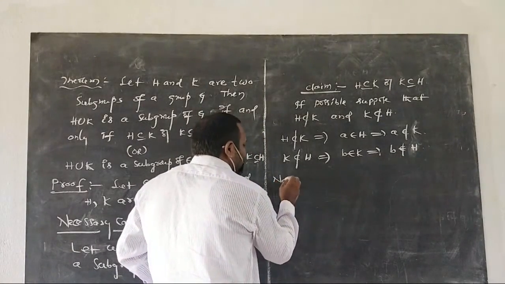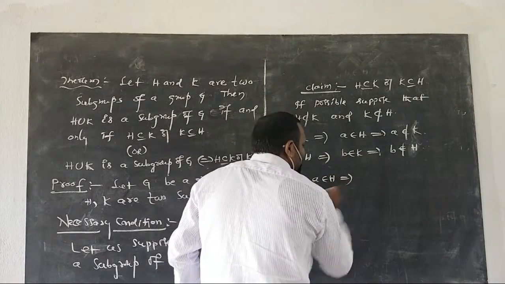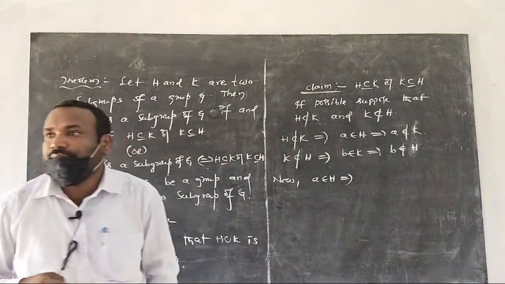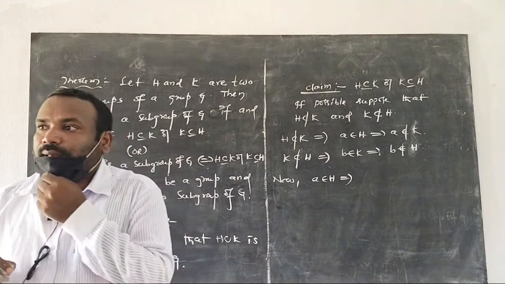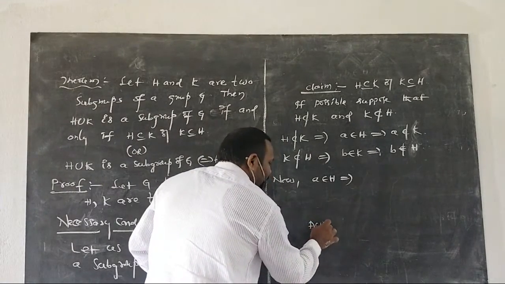Now, A belongs to H implies, లో ఉంటే యూనియన్ ప్రాపర్టీ చూద్దాం. వాట్ ఈజ్ A union B? How is A union B defined?